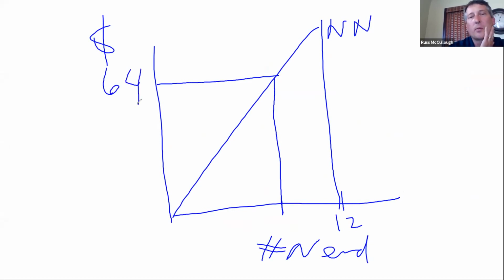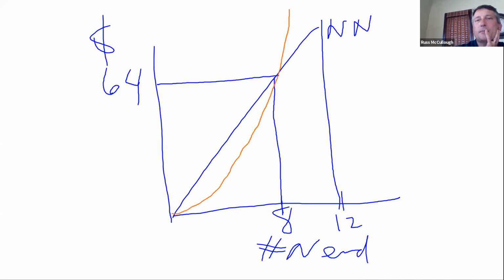And rise over run down 64. The rise over run of this straight line is also 64 at 8, right? Over 8, up 8 times 8 is 64. And so our nerd premium curve looks something like this.